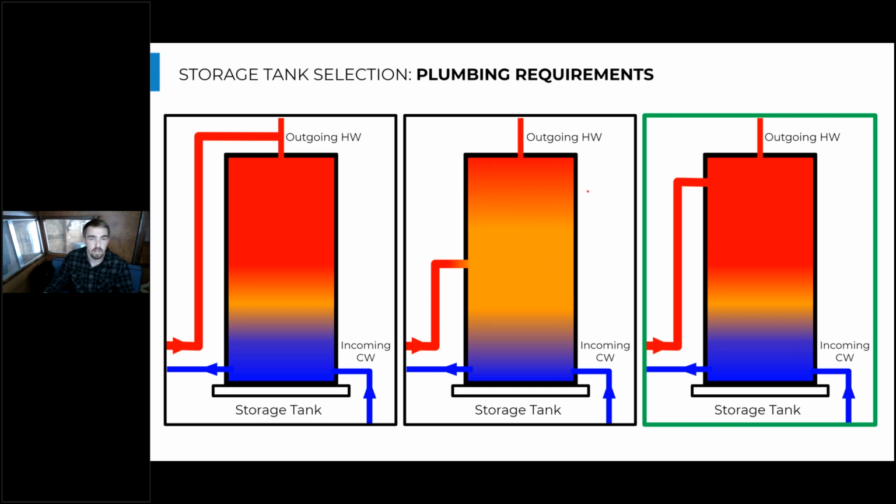So your effective storage capacity goes down a lot because now you don't have all this concentrated hot water that can work its way all the way down the tank. You have this weird mix of hot and cold in the middle that's not going to be as effective at serving the occupant's hot water.